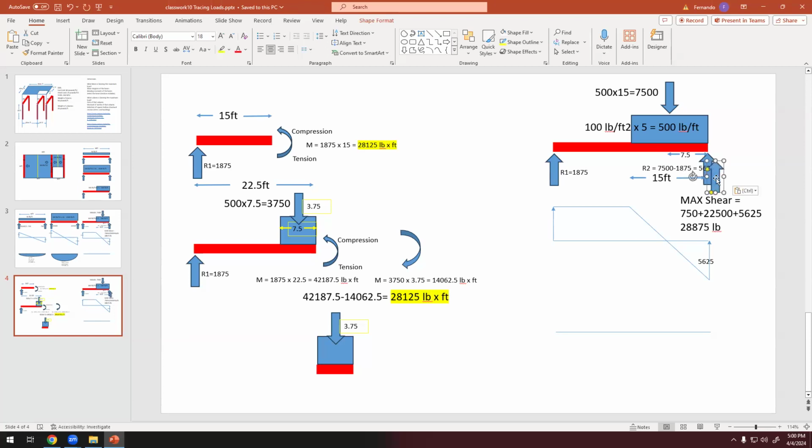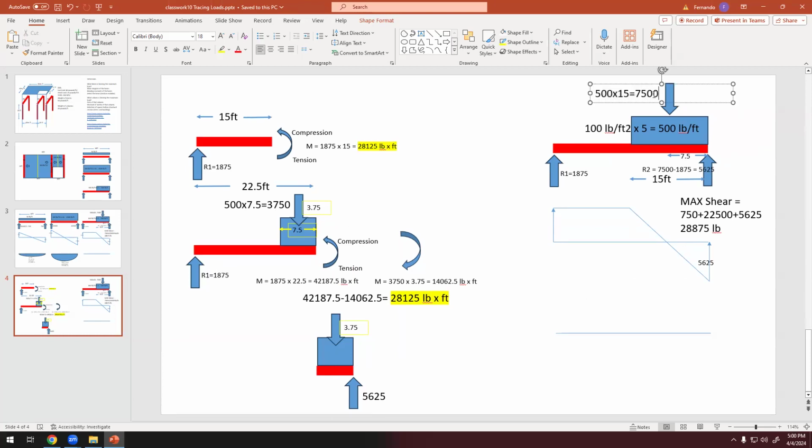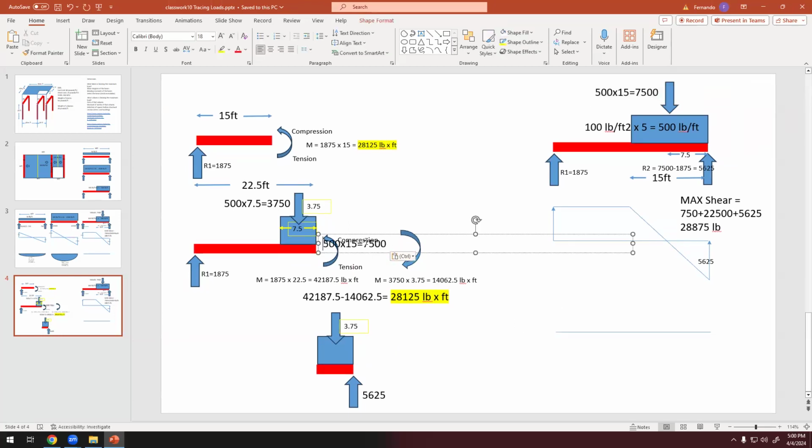This arrow is going to be 5. So that's the reaction, 5625. And this resultant is 7500. The reaction is 7500.